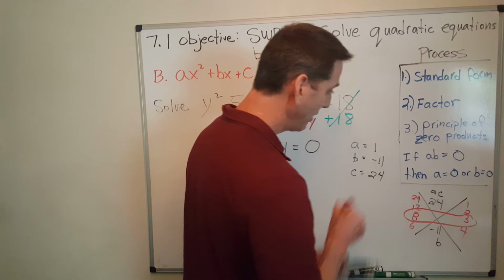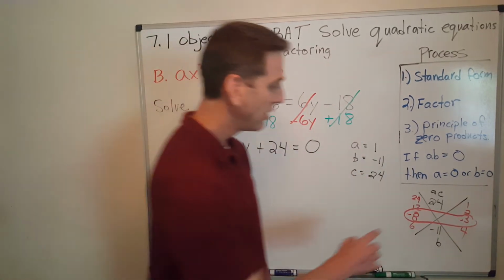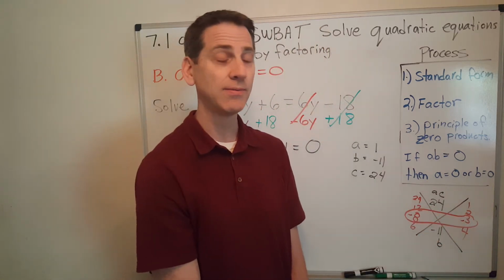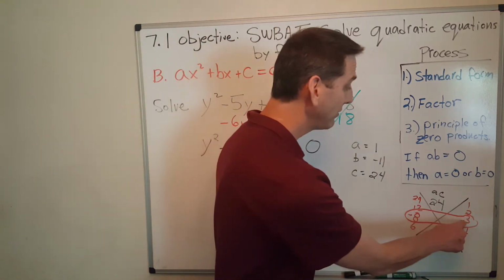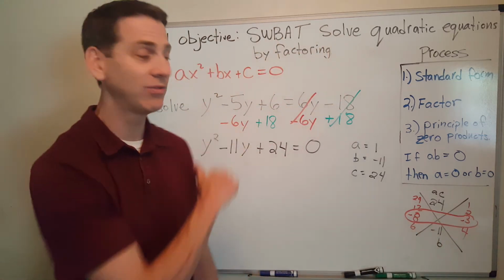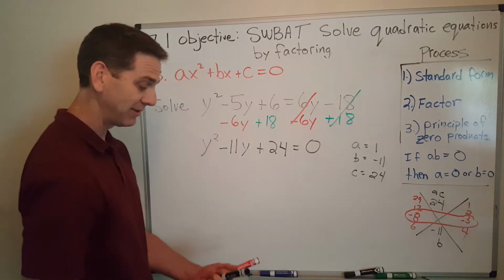So if I turn both of these negative, negative 8 times negative 3 is positive 24, right? And negative 8 plus a negative 3 is negative 11. So bingo, those are my 2 factors.